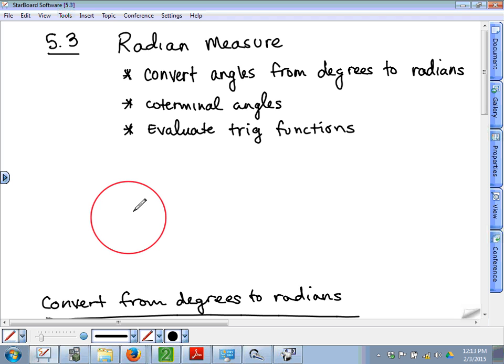Now I want you to draw a circle. Locate the center of the circle. Draw a radius. And then, as best that you can estimate, take that length of your radius and wrap that same length around the edge of the circle.